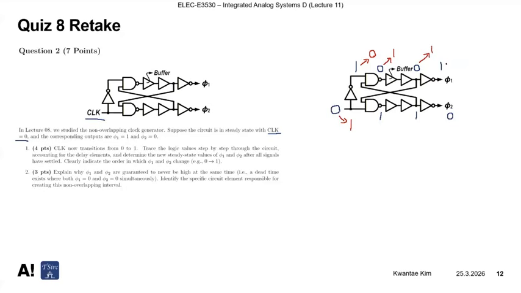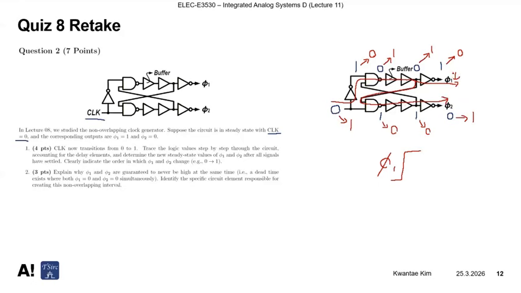Then it goes to 1 and it goes to 0. So now the NAND gate, both of our inputs are 1. Then this one goes to 0, this one goes to 0, this one goes to 1, such that the transition travels in this direction and makes V1 go high first. And then that transition travels here, and there are some delay elements through the buffer.